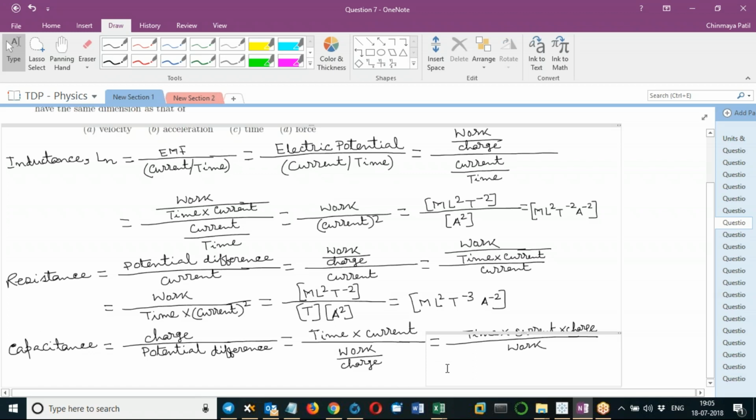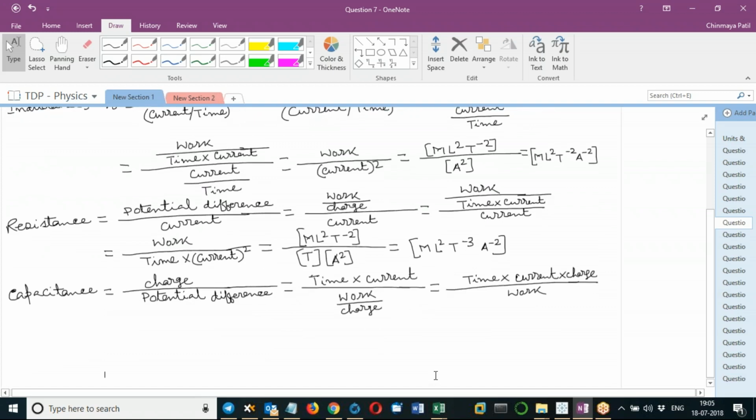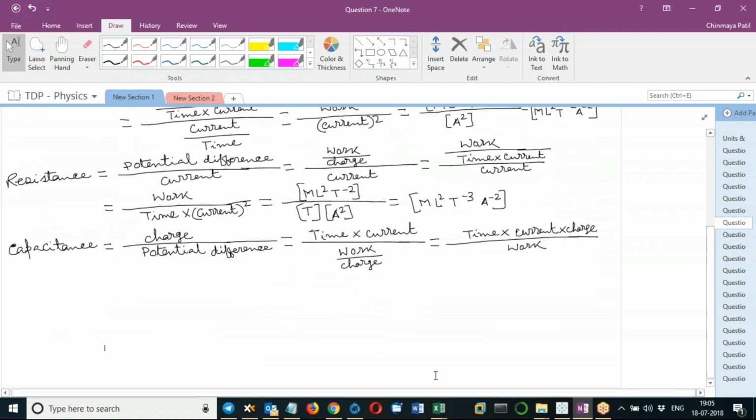If we manipulate further, it turns out to be time into current whole square divided by work.